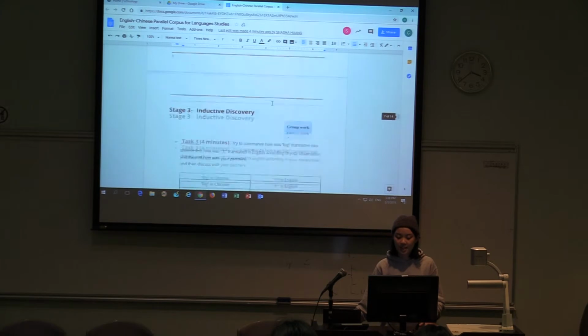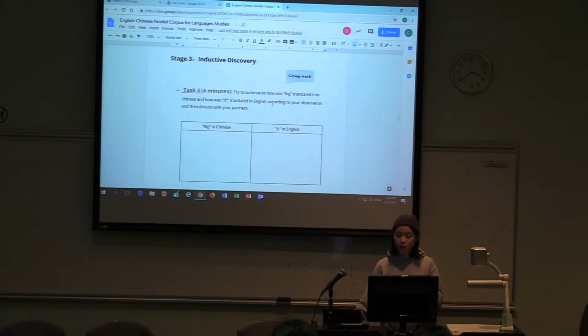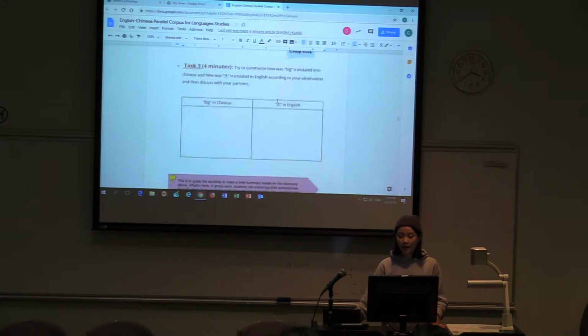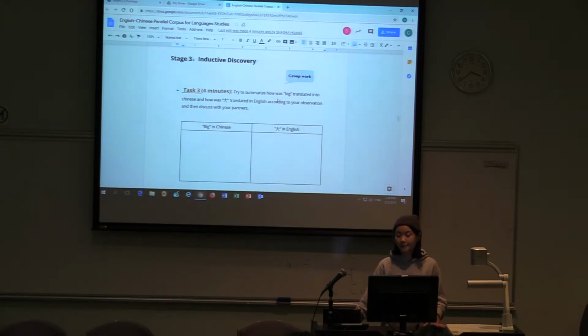And after these stages, let's move on to stage 3, inductive discovery. In this part, the first task is a group work, because in the previous stage, we prepared individual work for them to observe the basic rules of the translation. So in this part, we want our students to have a group discussion.